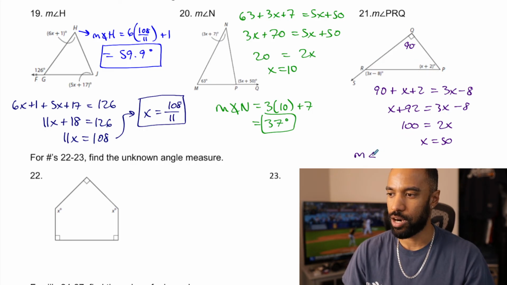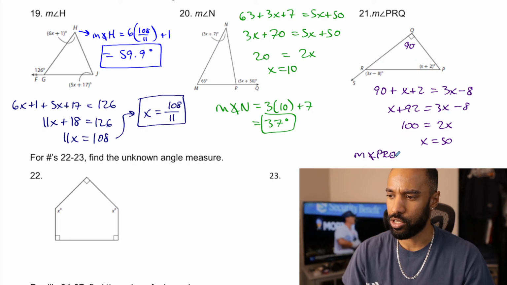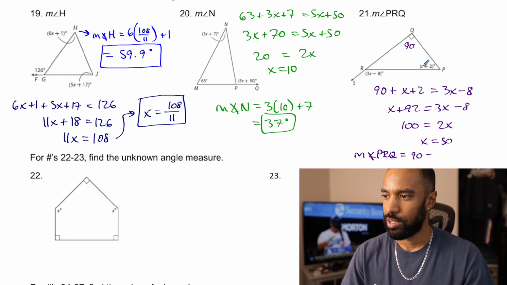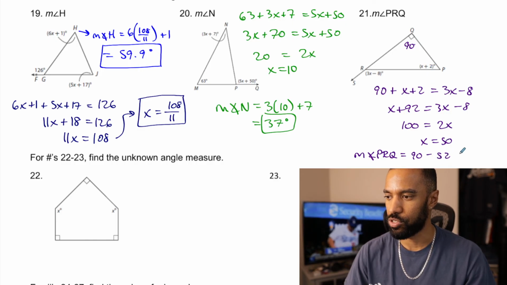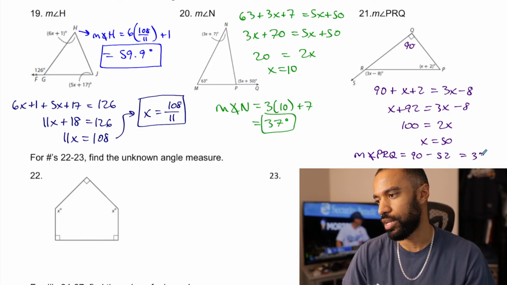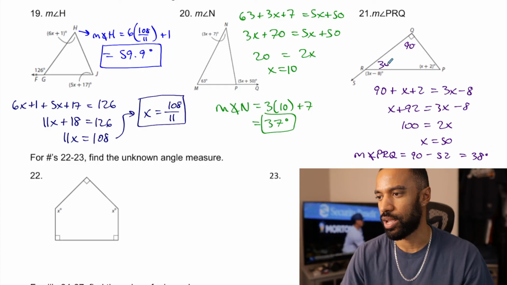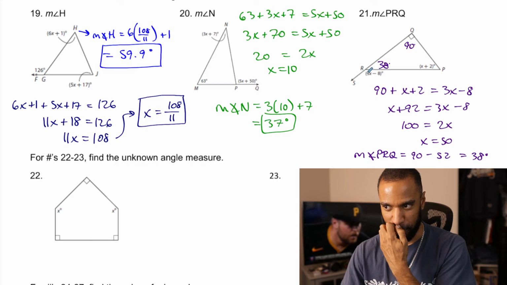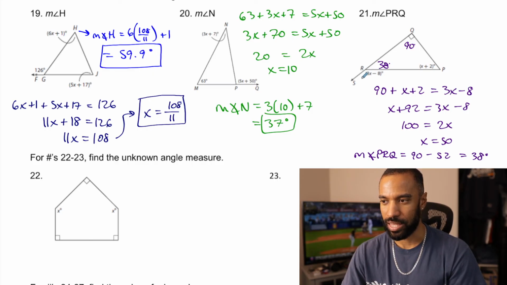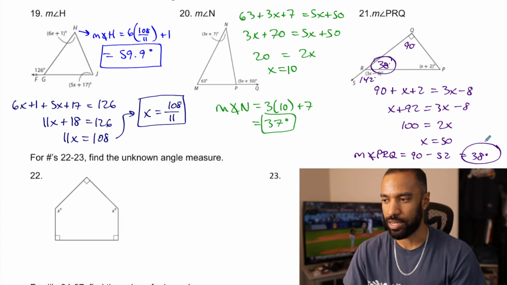Measure of angle PRQ is 90 minus 52. 50 is x, plus 2 is 52. And that is 38 degrees. So there's your answer. Now, if you want to do the other one, what's 50 times 3 minus 8? That's 142. And 180 minus 142 is also 38 degrees there.